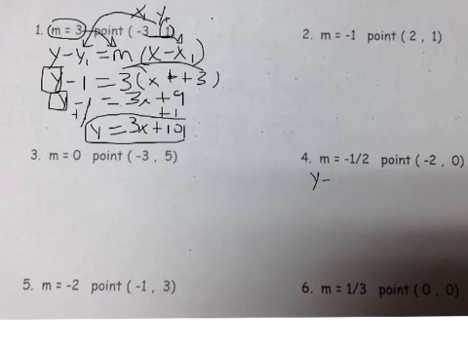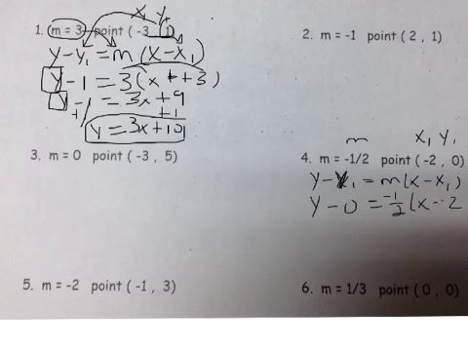So we have y minus y1 equals m times x minus x1, where this is our m, our x1, and our y1. So y minus our y1 this time is 0 equals, we have a fraction this time for our slope, and then x minus a negative 2. And this happens a lot where you get the back-to-back minuses. So we're going to change that into a plus now. We're going to distribute that.